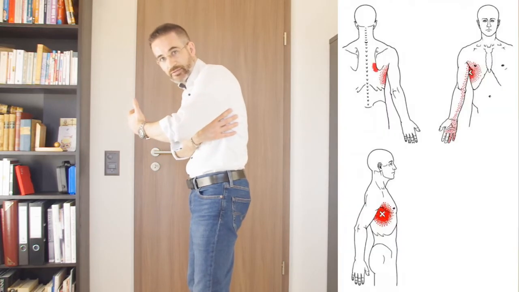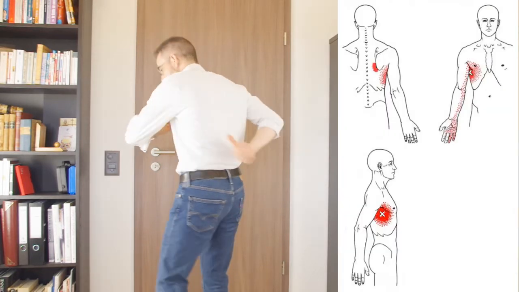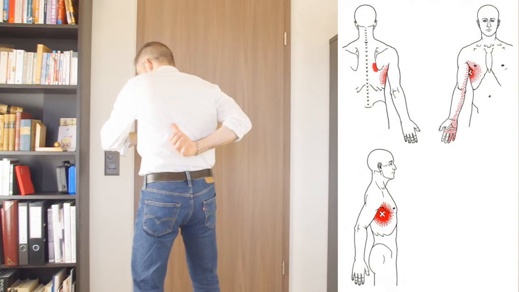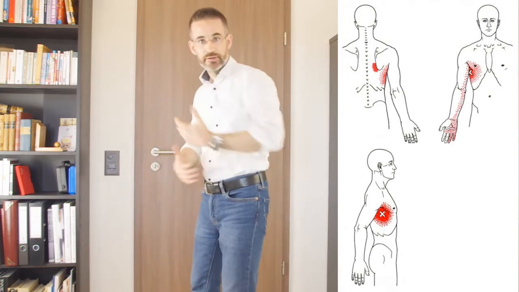What will happen when you suffer from this round shoulder posture, head forward posture, mid-back round posture, which you will sometimes see in the literature as upper cross syndrome, is, for example, that the serratus anterior will be painful and will refer pain in the corner of the shoulder blade and under the armpit.